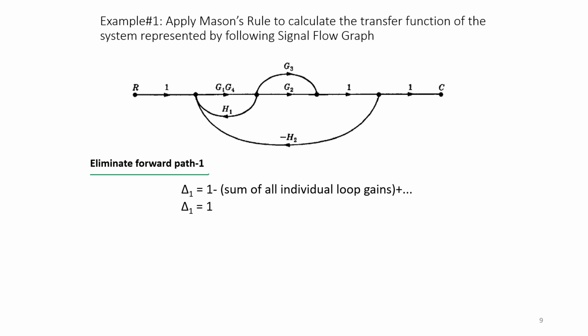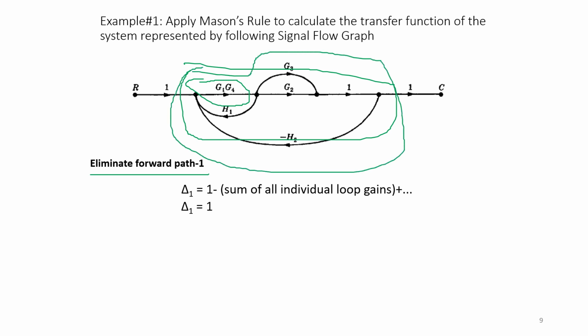If you observe here, this is our L1, this is our L2 and this is our L3. All these loops touch this forward path, so delta P1 is this route. All these loops appear in this forward path, so you need to eliminate them. They will not come into the picture for delta 1, so delta 1 is just taken as equal to 1.